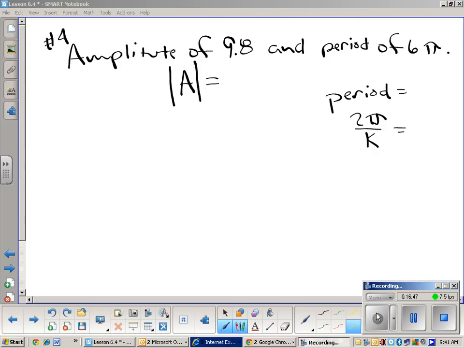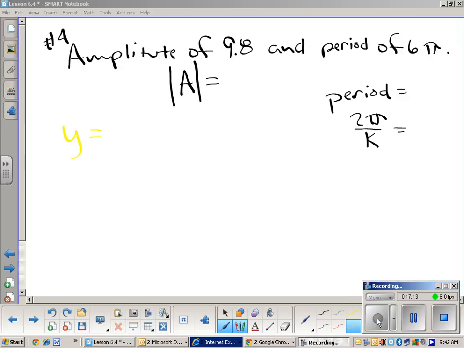Number 4 says the amplitude of 9.8 in a period of 6 pi, and I think if you look at it, it says write the equation. Would someone read number 4 from your book?